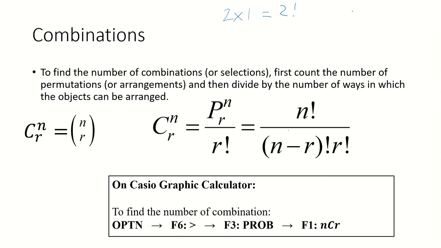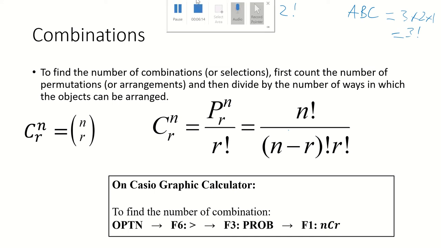But if you had a group of 3, they can be arranged in 3 times 2 times 1 ways, or 3 factorial. So we actually divide by the number of ways in which they can be arranged, which is the number of the group factorial. So anyway, this brings us to our combinations formula.